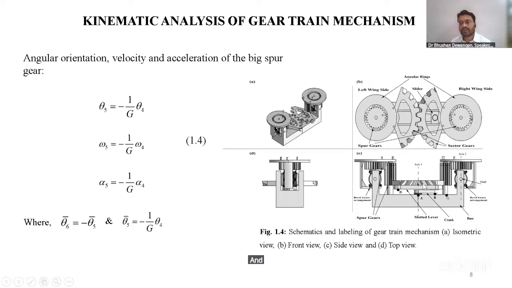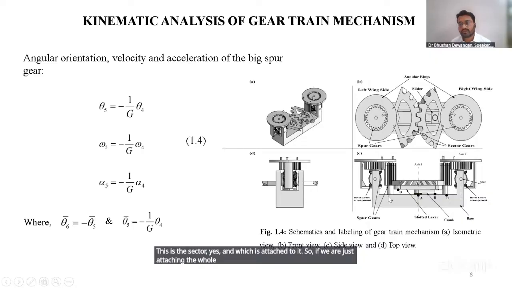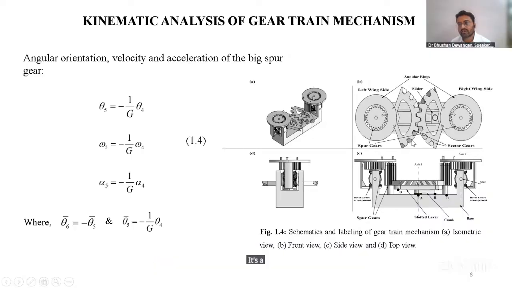And you can see here these are the annular gears, and the sector gear, sorry, these are the sector gears, which are attached to it. If we attach the whole slotted link to the left wing, the sector gear is responsible for giving the motion in the opposite direction to this sector here. Similarly, we will use the concept like this.